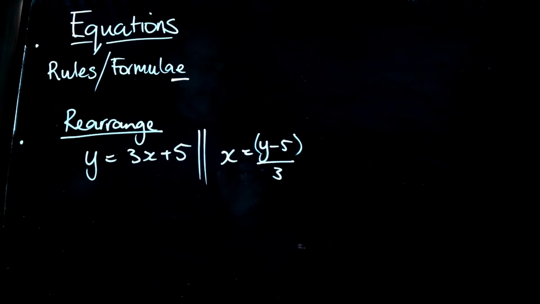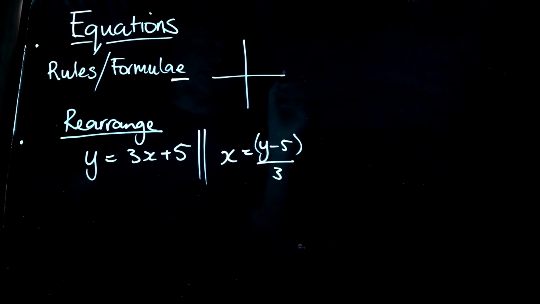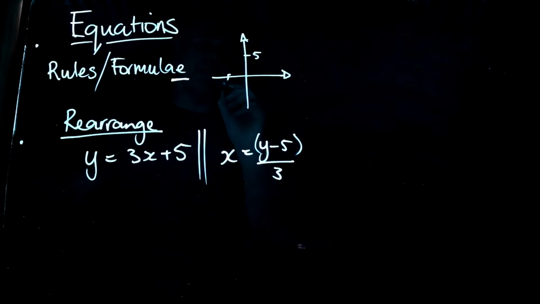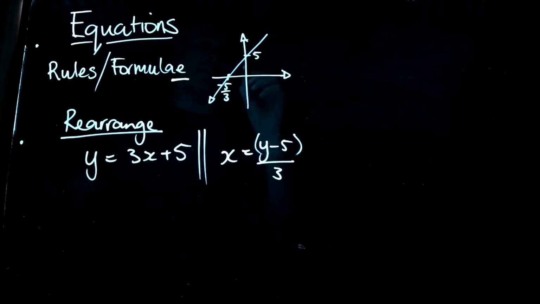Why I'm doing this and why I drew that graph, just to save you going backwards: that's 5, and that was minus 5 on 3, and it was a straight line graph.